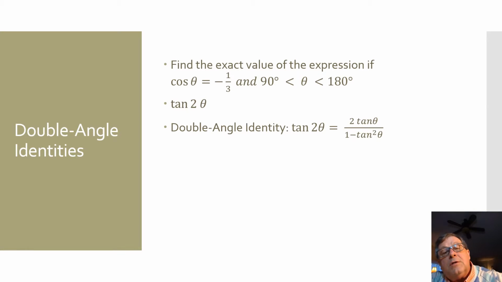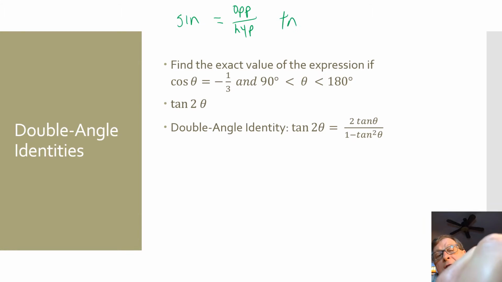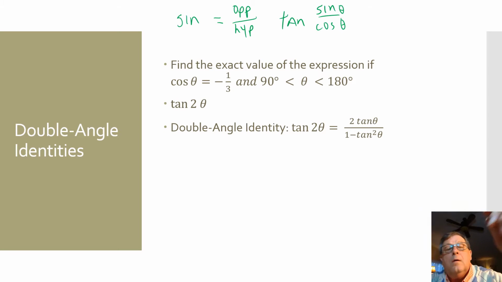The tangent is the sine over the cosine. Of course, the sine is the opposite over the hypotenuse. I'm going to have to find the sine of theta to proceed.